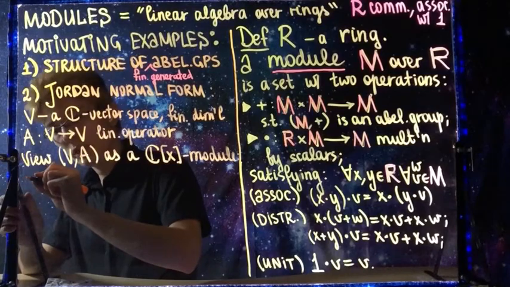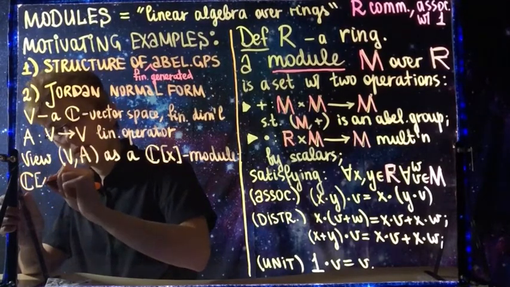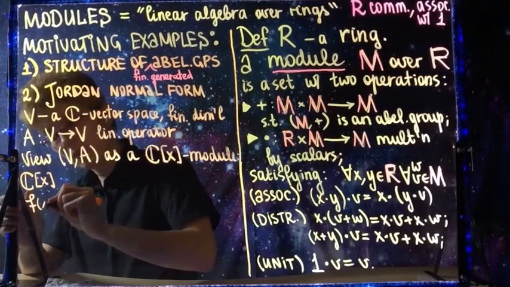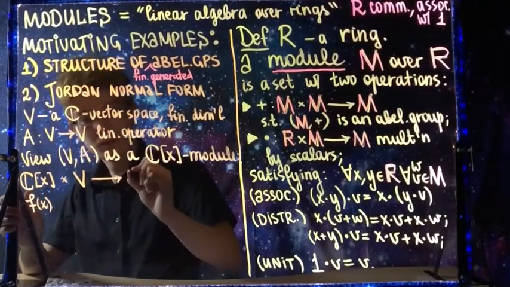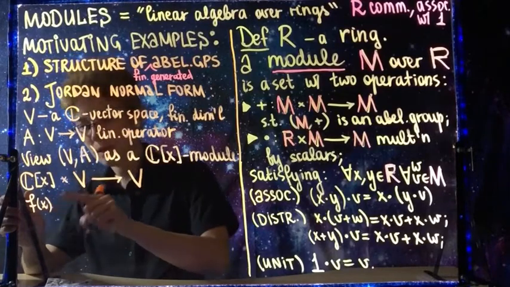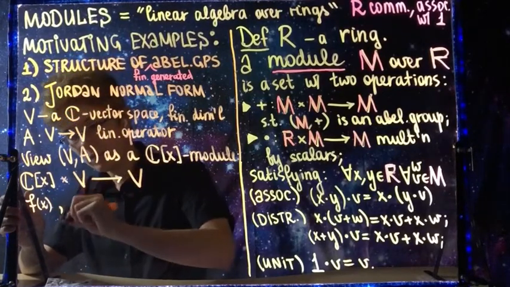So let's say that we have some polynomial f of x, and we want to define how f of x acts on this vector space.